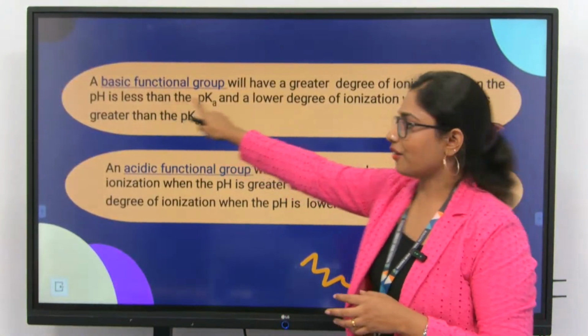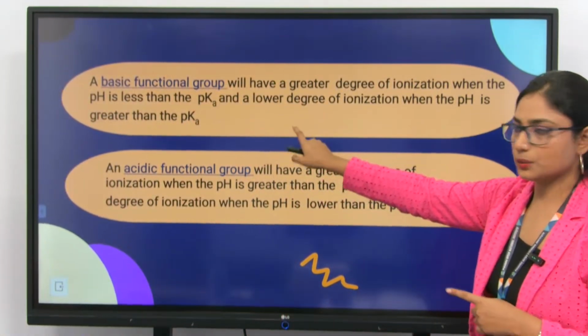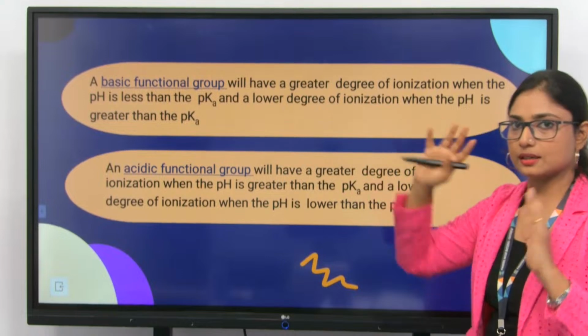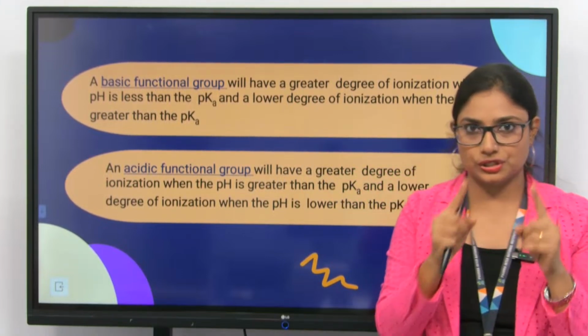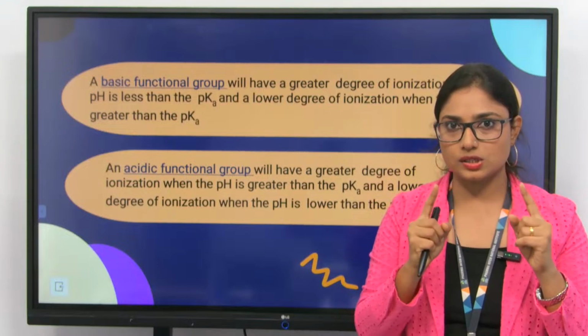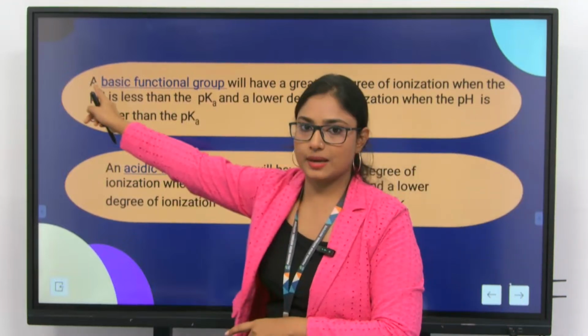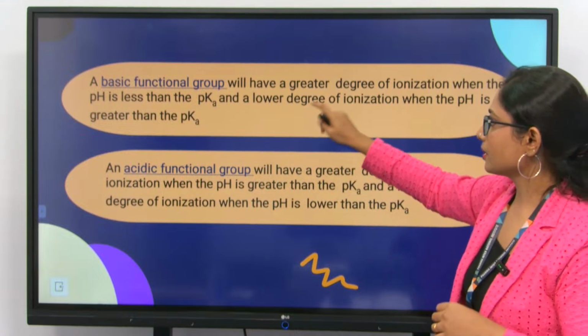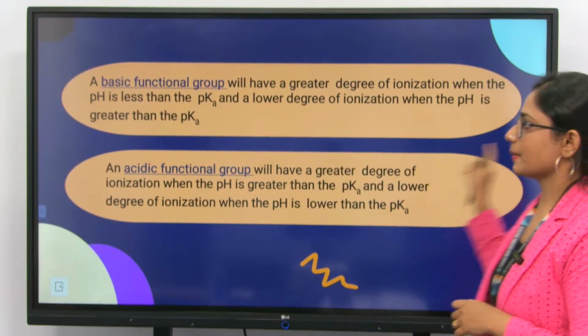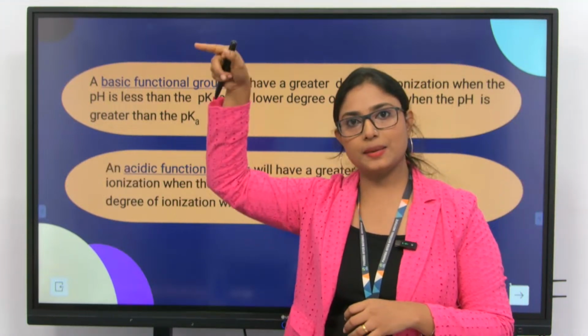Now you can understand, a basic functional group, that means a weak basic drug, will have a greater degree of ionization, will split into its ions when it reaches the acidic medium, that means when the pH is less. And a lower degree of ionization when the pH is greater, that means in the basic medium.